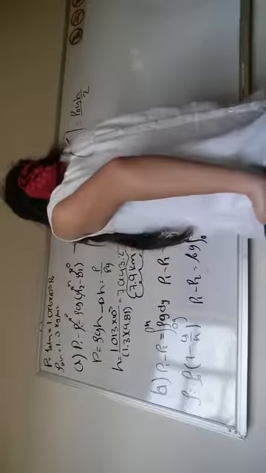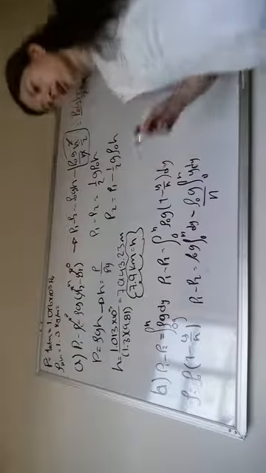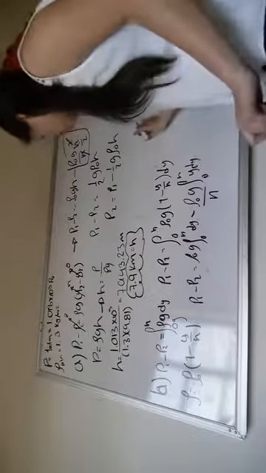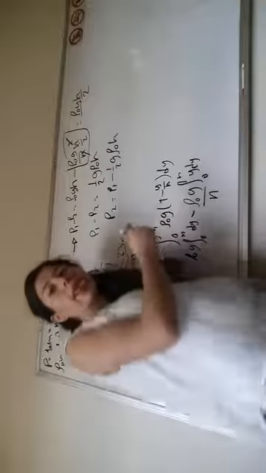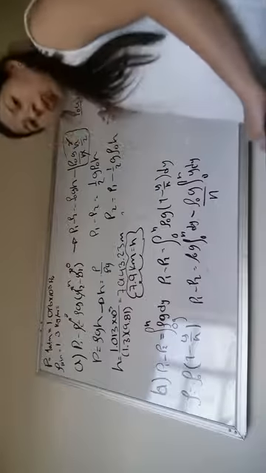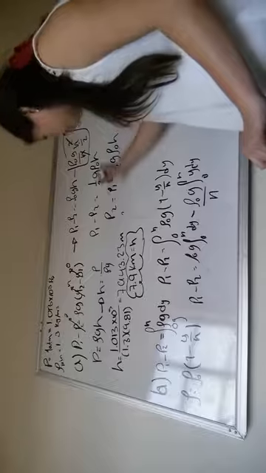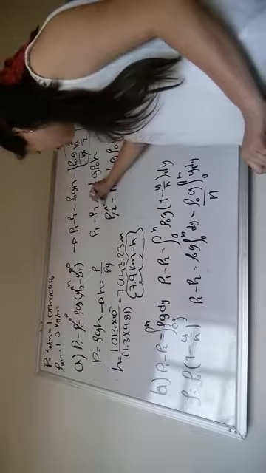So then pressure 2 must be pressure 1 minus a half of gravity times initial density times height. Now we can solve for H. We know pressure 2 must be 0.